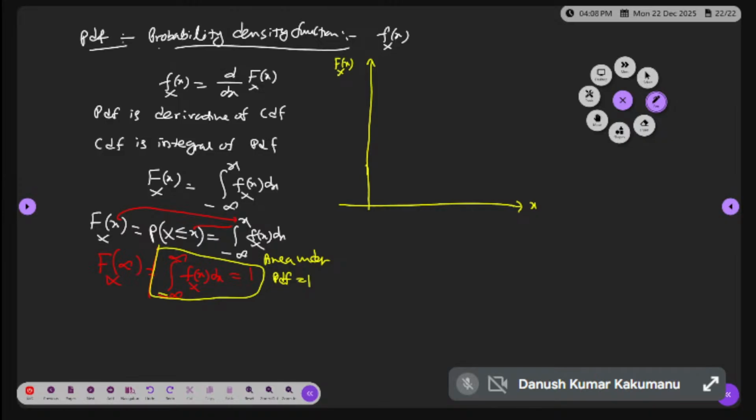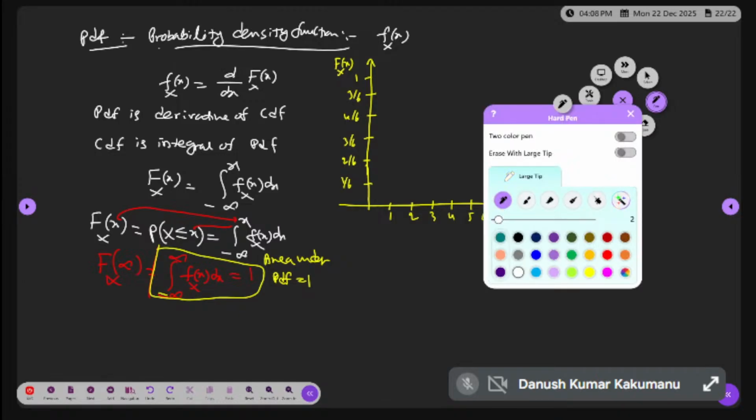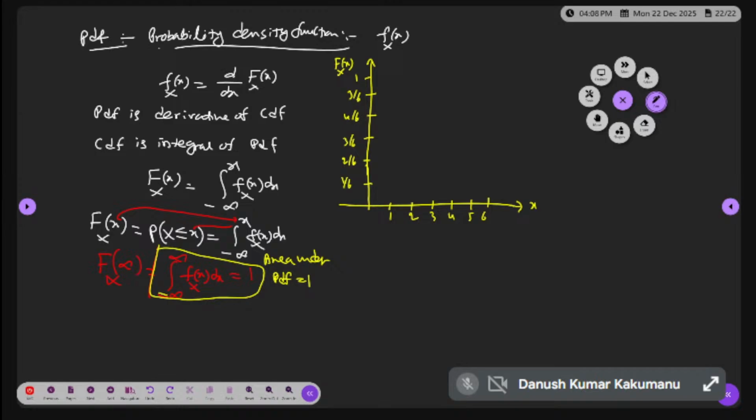With steps 1 by 6, 2 by 6, 3 by 6, 4 by 6, 5 by 6, and 1. Understanding? Once again I am drawing the same graph, the CDF graph.